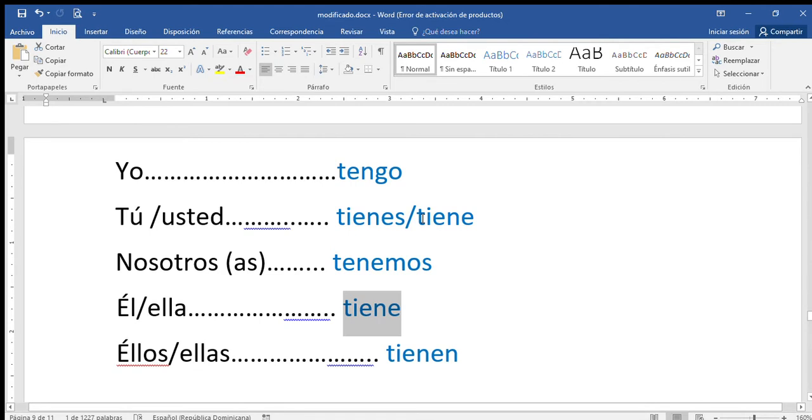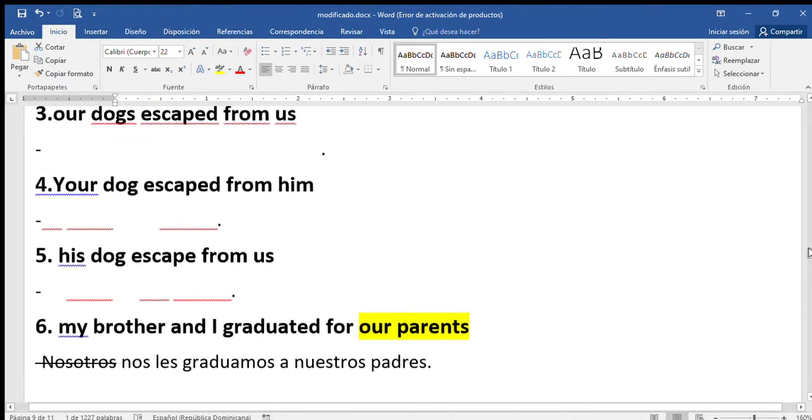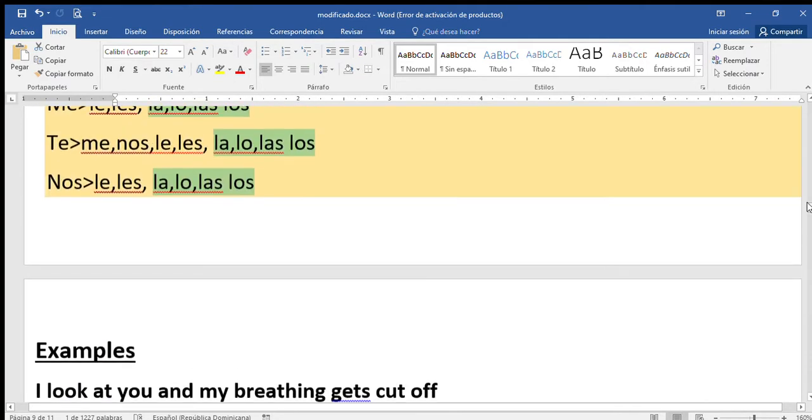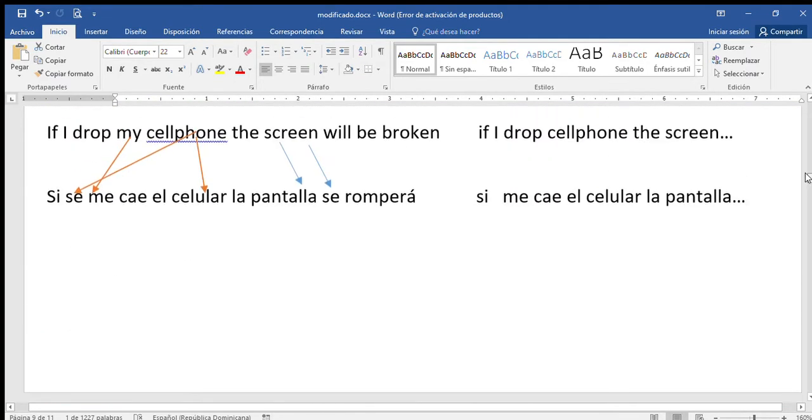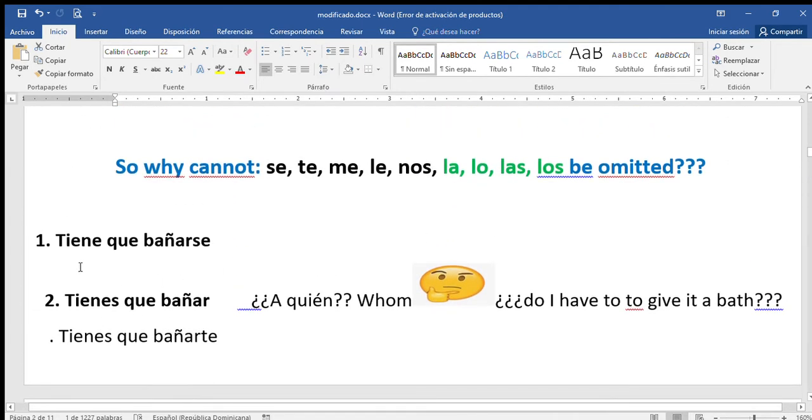Verbs are going to be the same for usted, él, and ella in simple present tense. So when you say "tiene que bañarse," you're talking about usted, él o ella, bañarse.